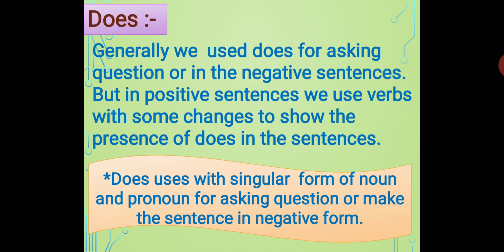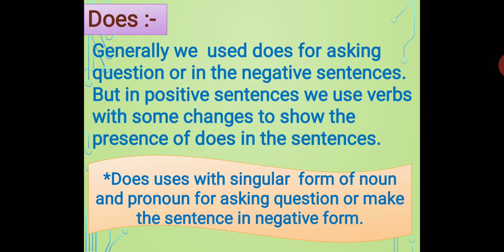Does is used with the singular form of noun and pronoun for asking questions or making sentences in negative form. So we know that we will change the verb to the s, es and ies form if there is a singular noun and pronoun in the sentence. Generally, we use do, does and did for asking questions or making the sentence negative.